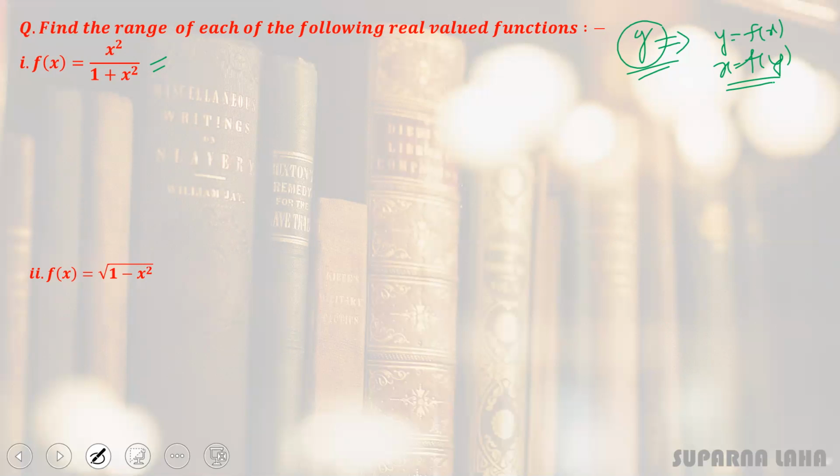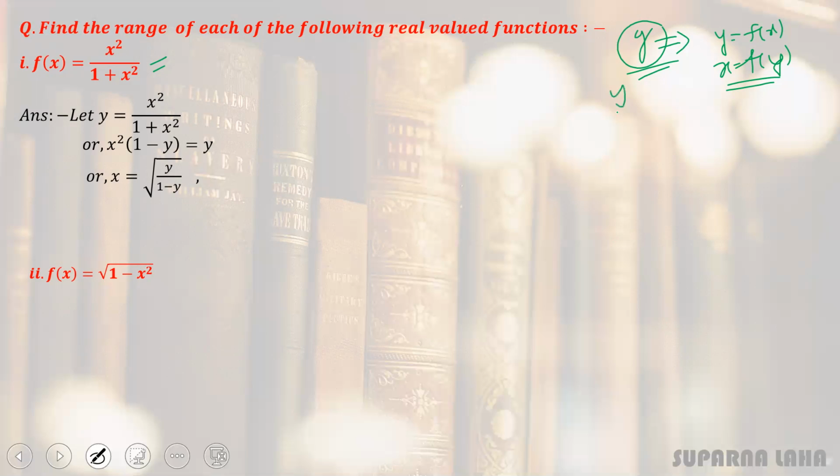So firstly, write down y = x²/(1 + x²), simplify it and find the value of x from here. That is, x = root over y/(1 - y). Clear? Since a root is there, this value is greater than or equal to 0. That means y/(1 - y) is greater than or equal to 0.